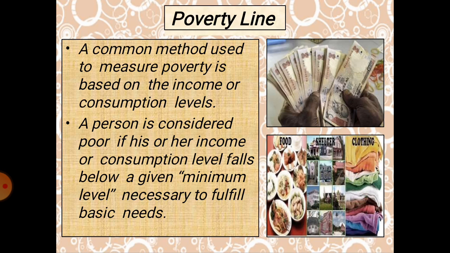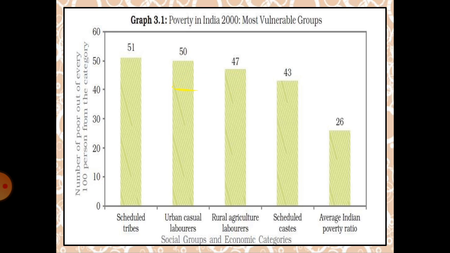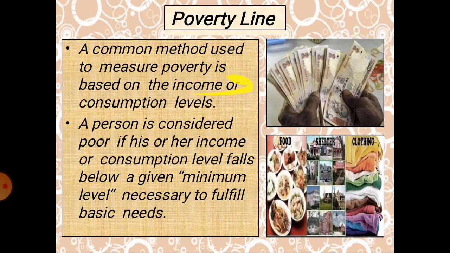It is a common method used to measure poverty, based on income and consumption. Consumption means how much they are earning and how much they are spending. Based on that, initially the poverty line was calculated.